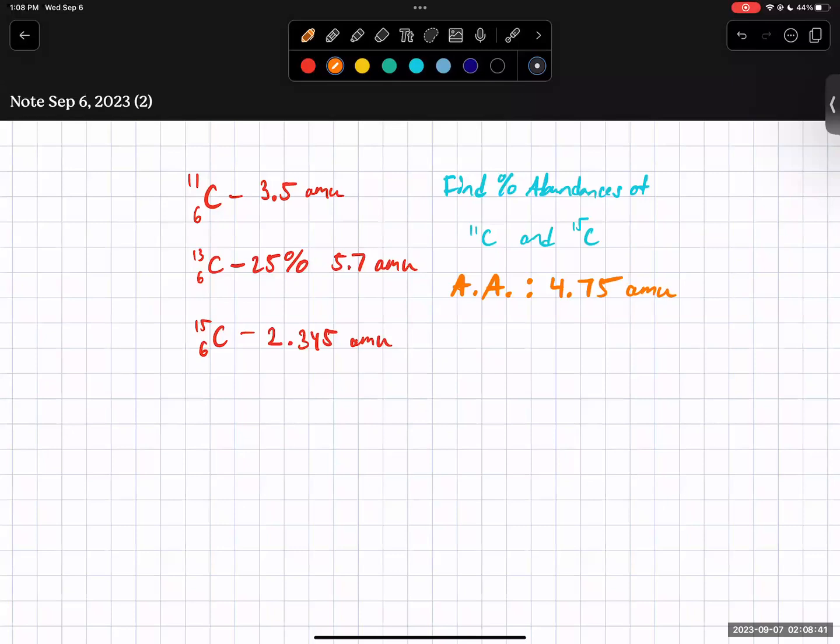Since you have X, whatever you got right there, that's X, and then you plug it back into this equation to find Y.